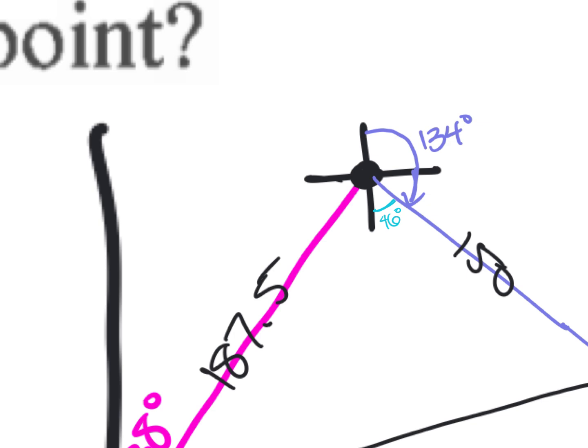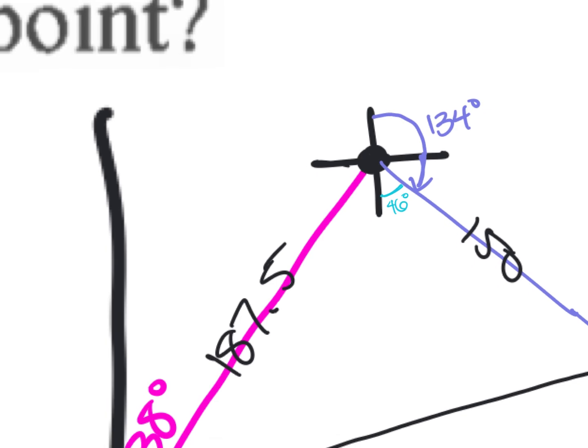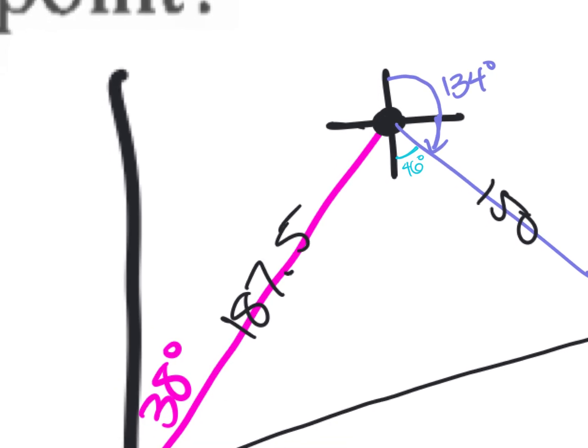What else do I need to know? I can go alternate interior with that 38, or if you don't like alternate interior, you can complete this triangle and say if that's 38, this one is 42. No, 52. I was going 180. And then that makes this one 38.